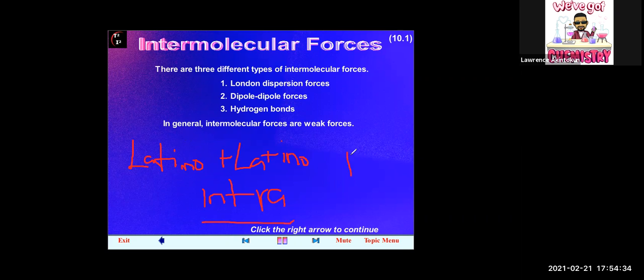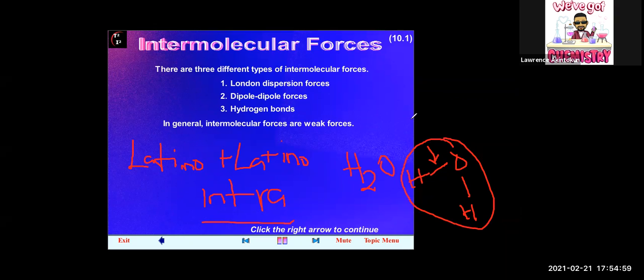So example is, if you have a water molecule, the water molecule has a structure of this type, okay? Now this force, this bond between the hydrogen and oxygen is within the same water molecule. This is intra, within the same water molecule, within H2O, okay?